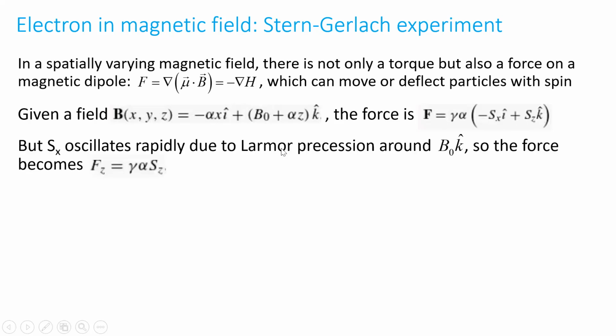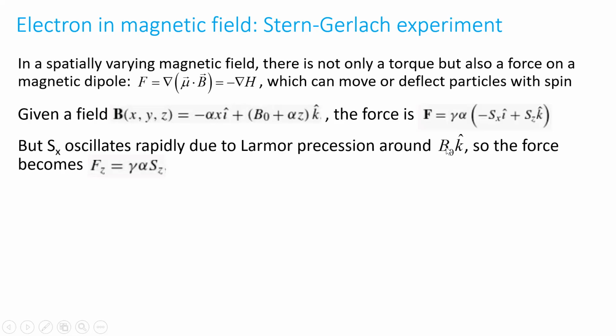Well, SX is going to oscillate rapidly due to the Larmor precession around the magnetic field B naught k, which we saw before. So SX here is not going to be constant. Because we have a magnetic field in the Z direction, SX is going to oscillate very rapidly.